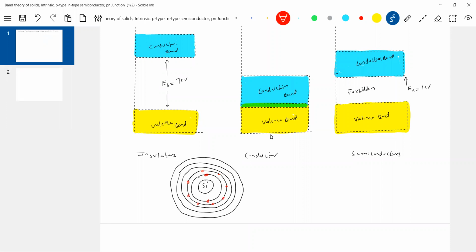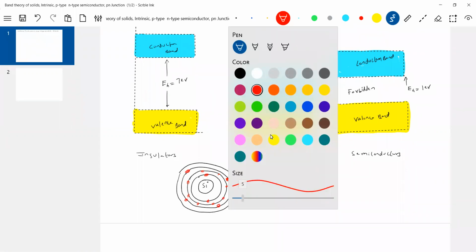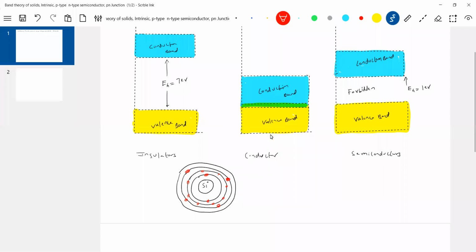Then the outermost orbit will have 4. These are any questions they may ask you. So let me just show this also.